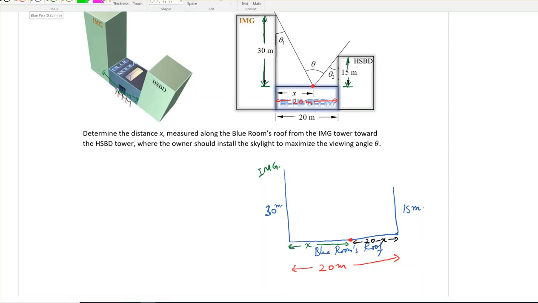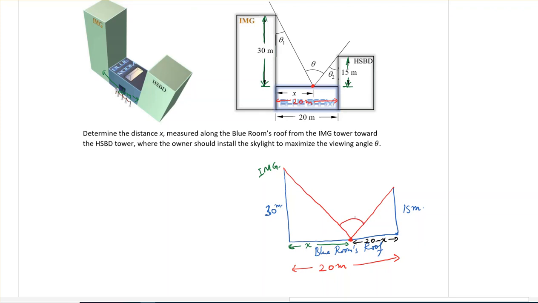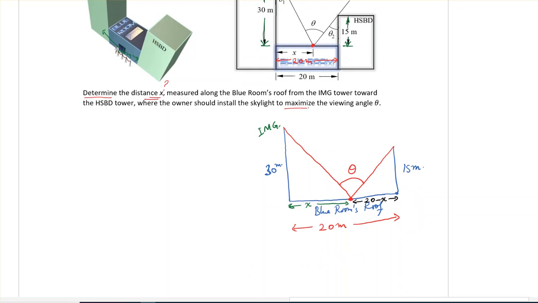And we want to maximize the viewing angle. So let's join these lines together, the top of the towers with where we put the skylight. So this angle is theta. So the problem is we want to figure out the distance x, which helps us in maximizing this viewing angle theta.